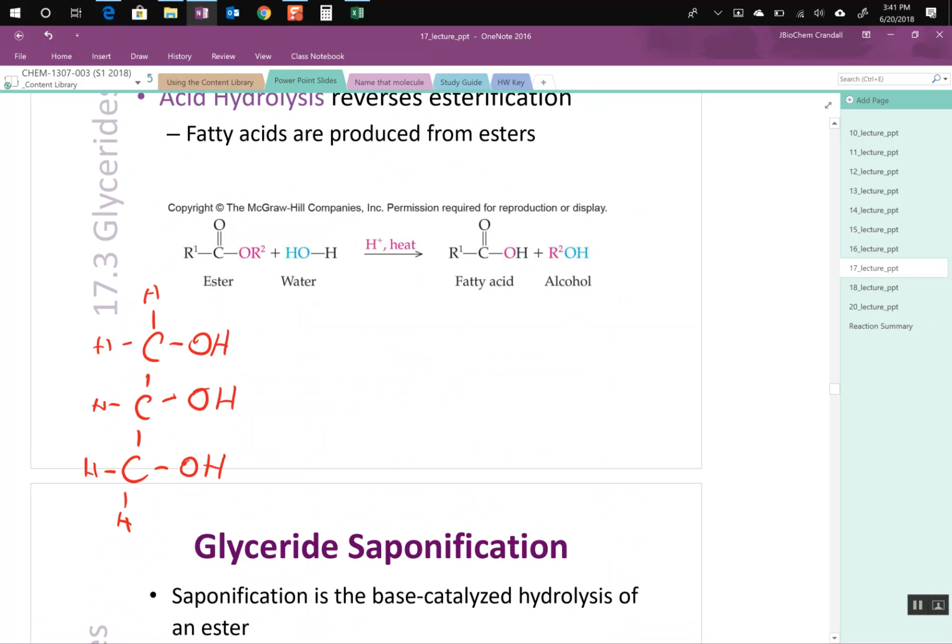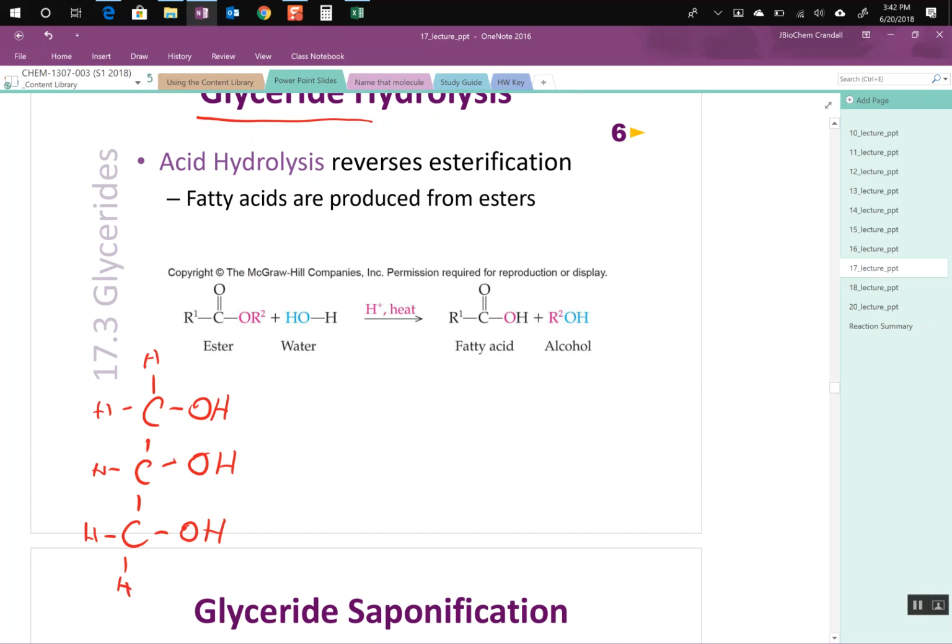Okay, and so if we want to, we can attach to those glycerol molecules the carboxylic acid groups, so you can get that esterification, and you could have it occur at each of these alcohol groups. Sometimes you have all three, sometimes just two, sometimes even just one.